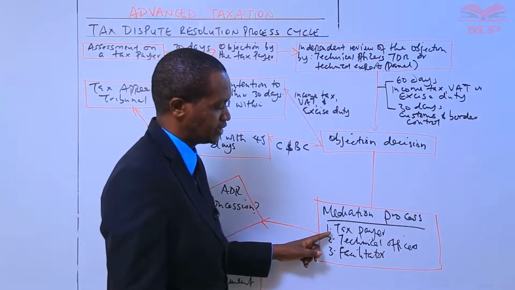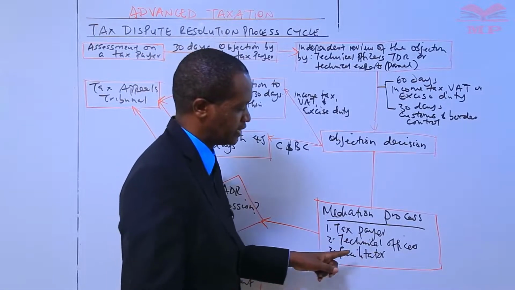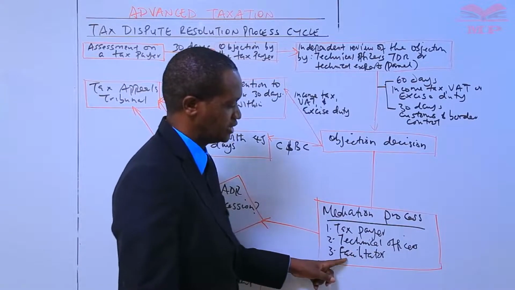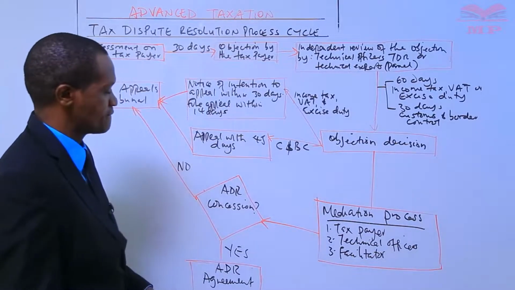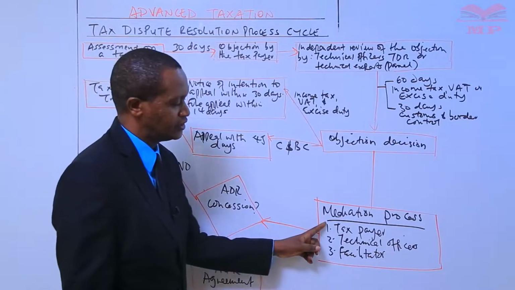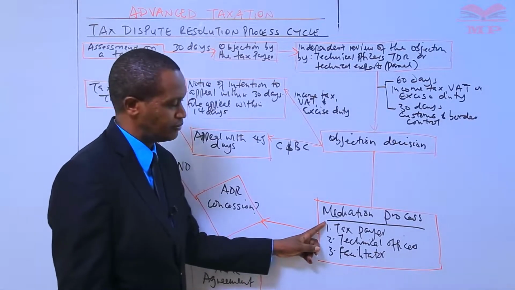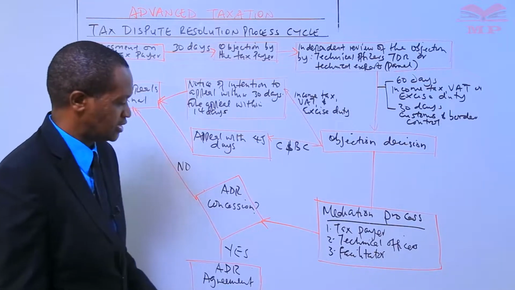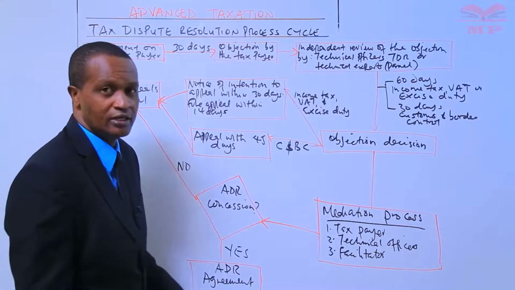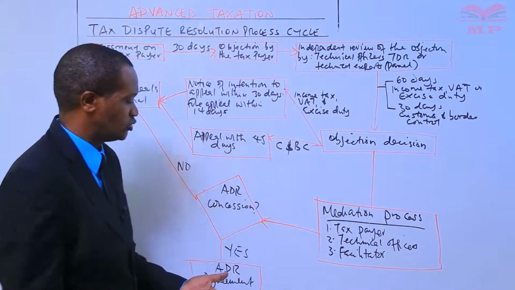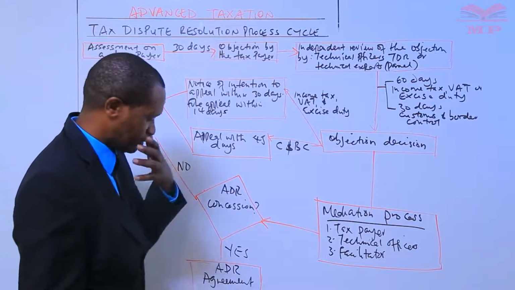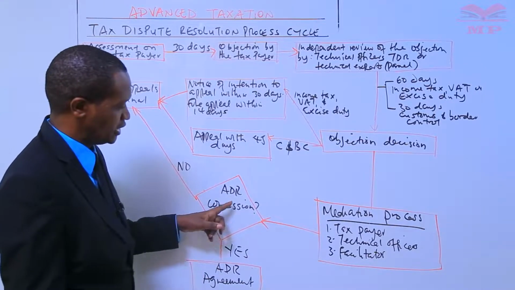We saw that the parties are the taxpayer, the technical officers, and the facilitator. So this mediation approach can result in two alternatives. Number one, the ADR concession.